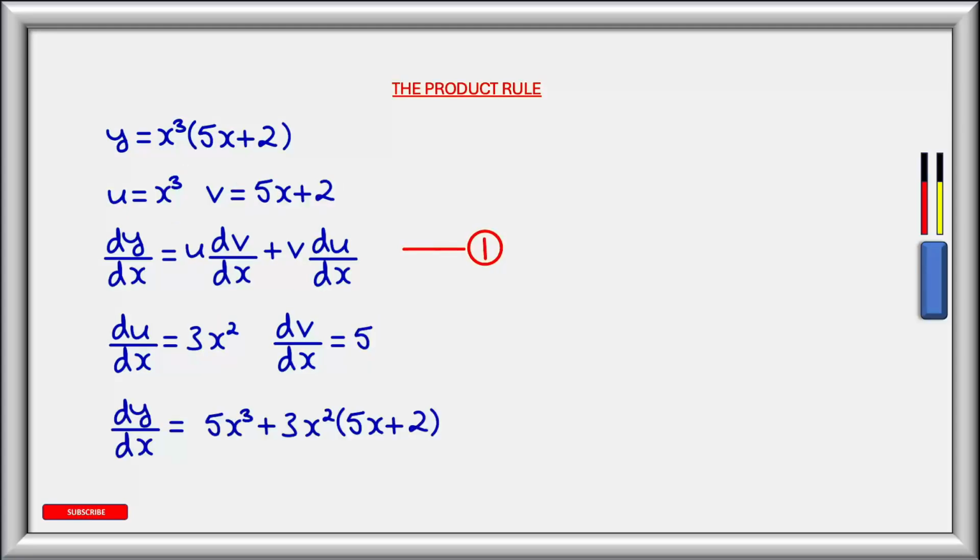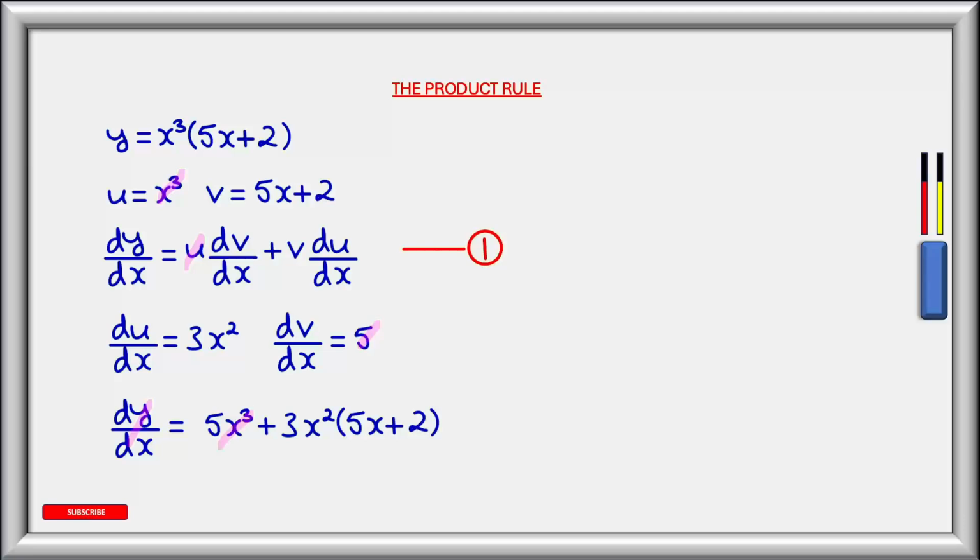So now if we plug these results back into equation 1, we have the derivative of y with respect to x is equal to u, which is x cubed, multiplied by dv by dx, which is equal to 5.